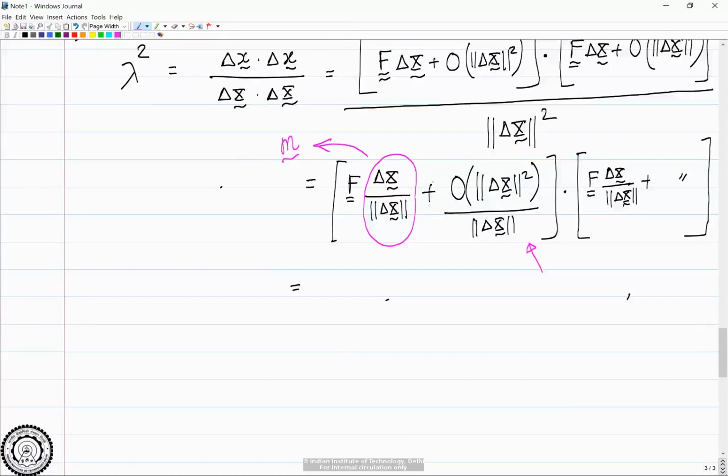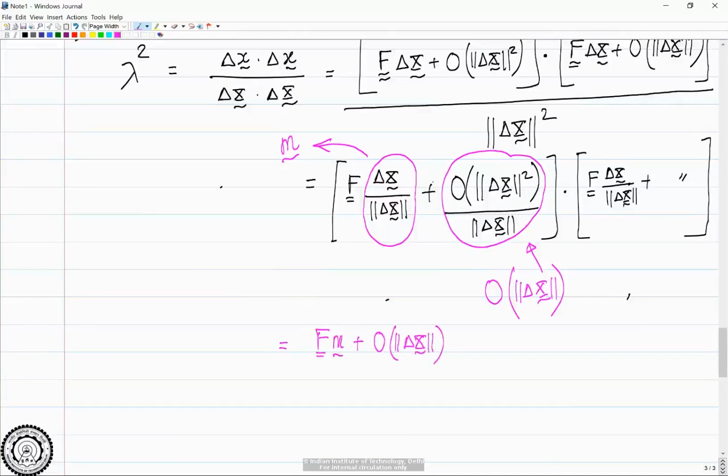So same thing is going to happen here. This expression then becomes big O delta capital X. Are you guys with me? Yes, sir. Okay, so this then becomes F M plus big O delta capital X.